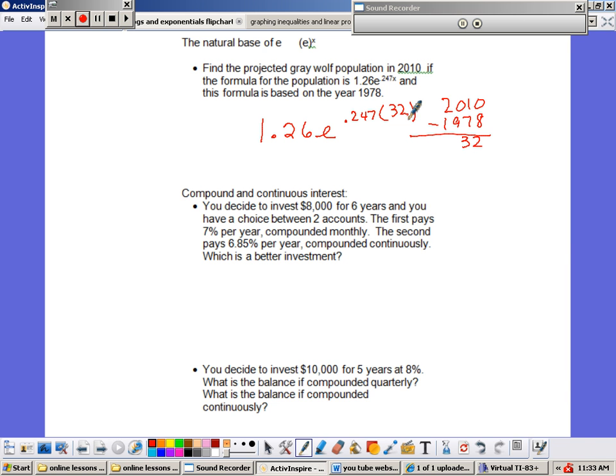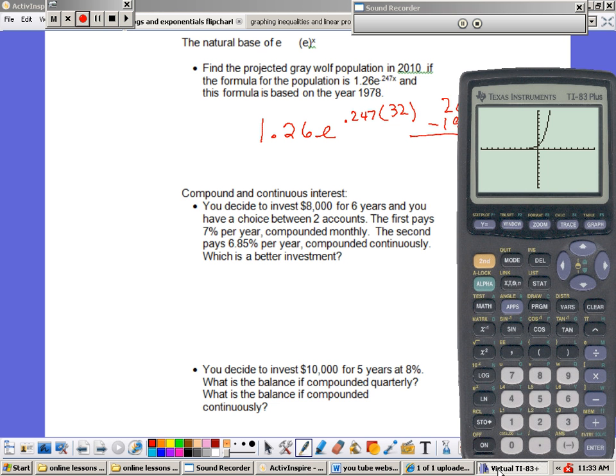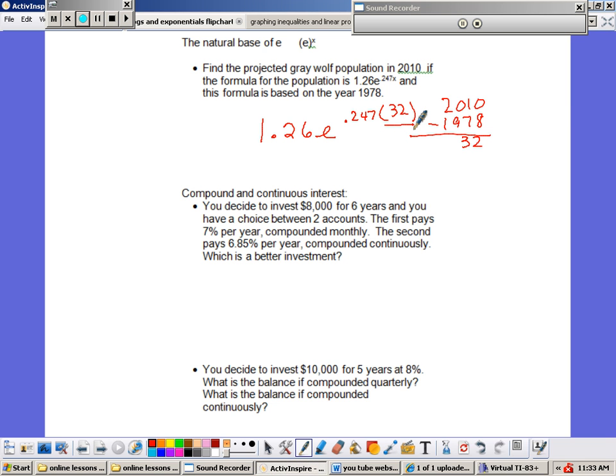Now, where do I find this on the calculator? Okay, so I put in my 1.26. Now I need my e button. If you look down the side, you see there's a natural log button right here, ln. Above it is an e to the x button, so you have to hit second, e to the x. Then the e will come up. It already starts your parentheses. Now do not put another set of parentheses here.